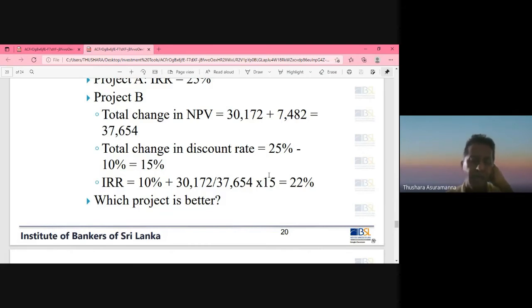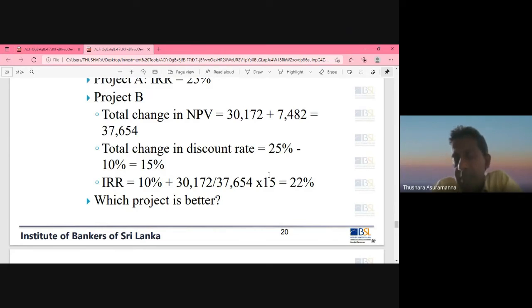I'll repeat the equation. IRR is equal to R1 plus NPV1 divided by NPV1 and NPV2, that's the absolute value or total change of NPV, into R2 minus R1.